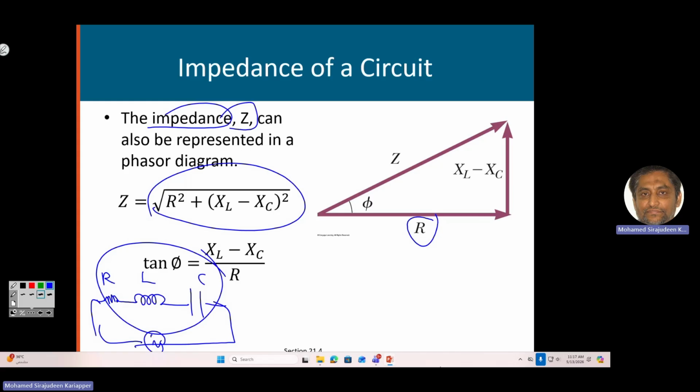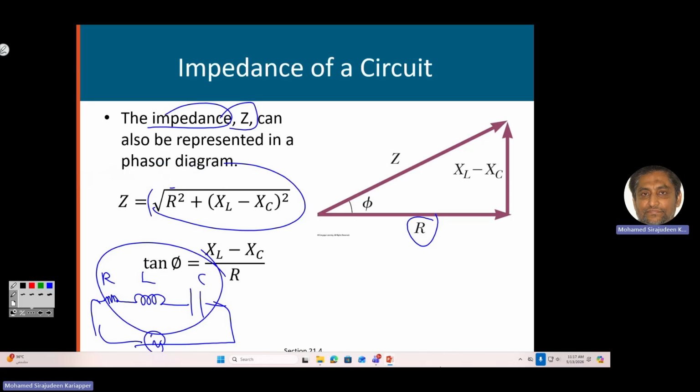We have to add them, but it will not be simple addition. You cannot say Z is equal to R plus XC plus XL just because they are connected in series. That is wrong. It will not add like that because they are perpendicular to each other.